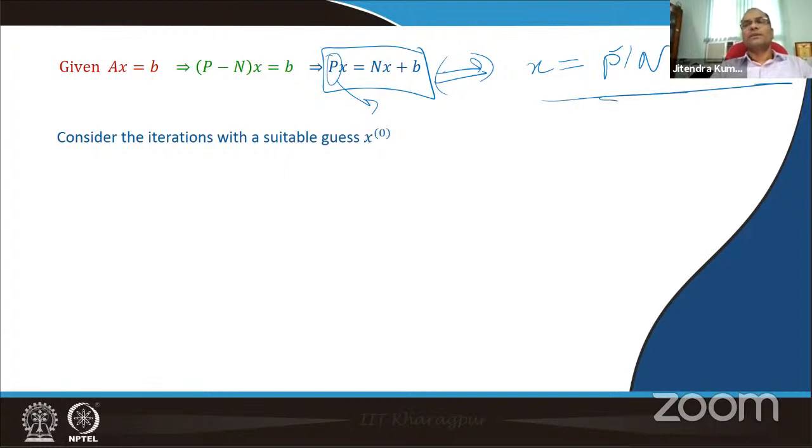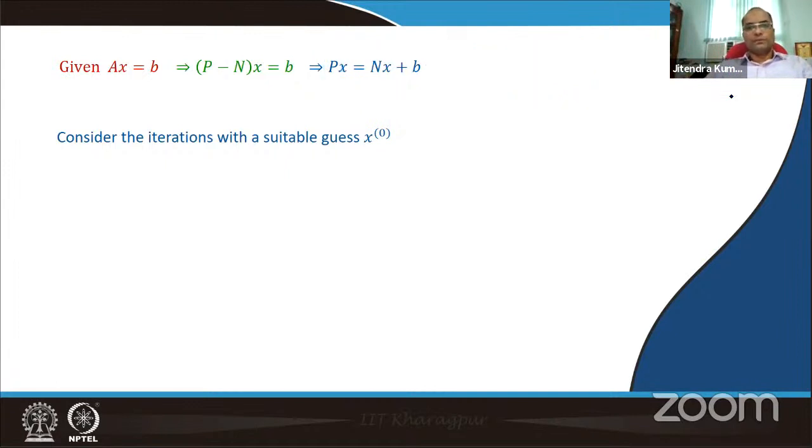In all the iterative methods, when we set up, we have this kind of splitting, where on the left hand side you take x, and on the right hand side again something of x.